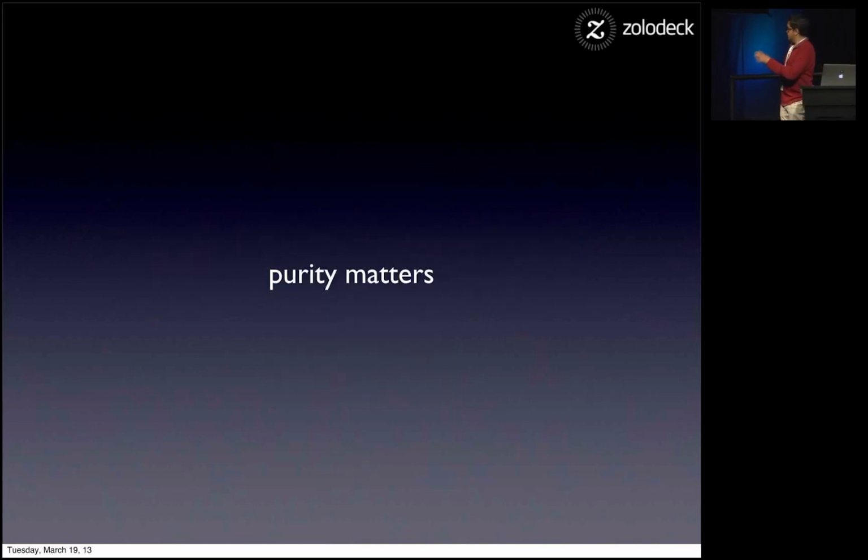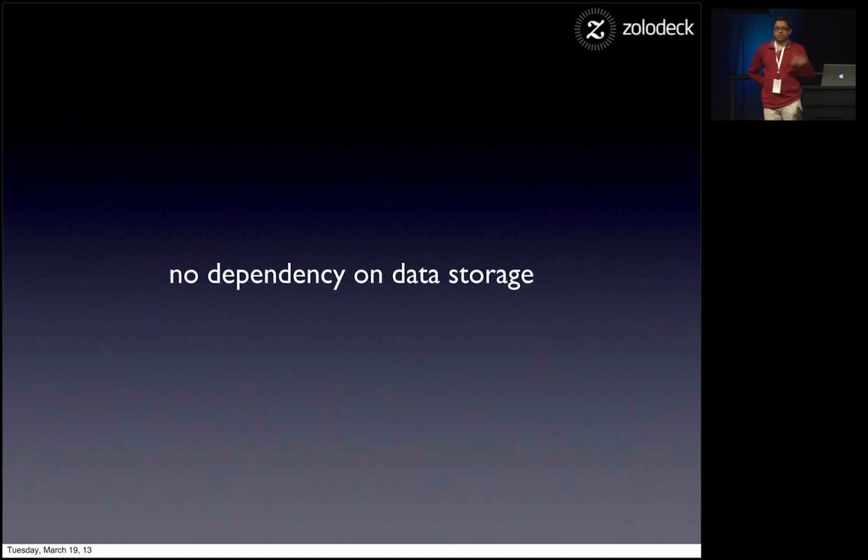And in this particular context, the purity of these functions matters, right? You want these to be clean, pure functions that have no side effects. They take some input, something that comes from an external source or is passed to you from another domain function, and return some transformed value.